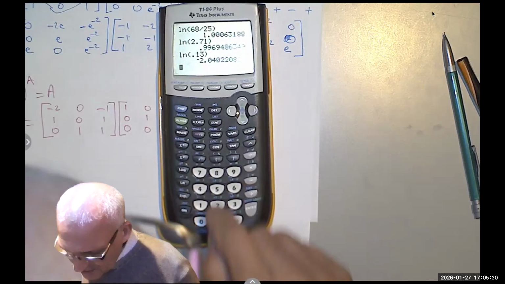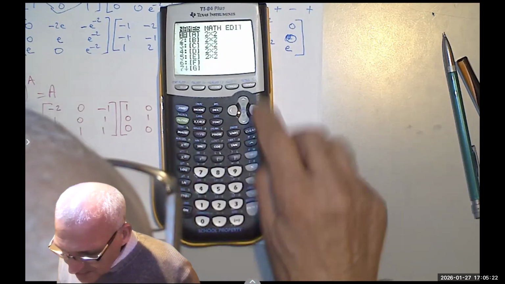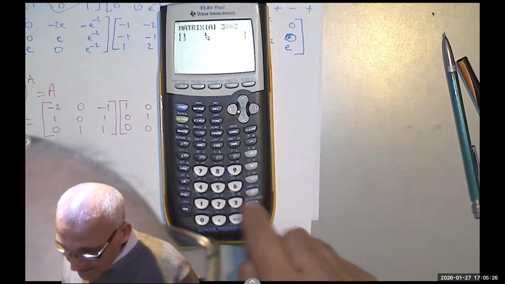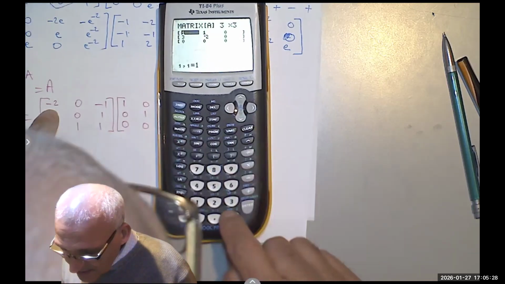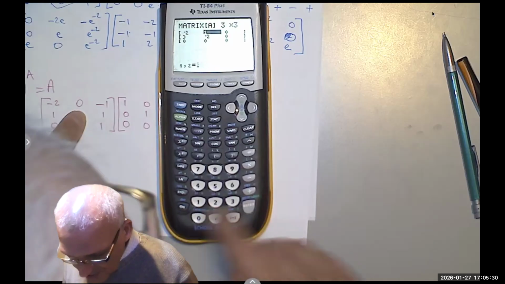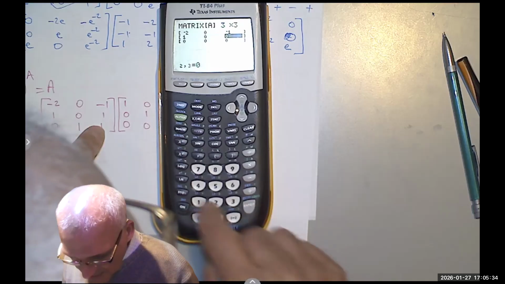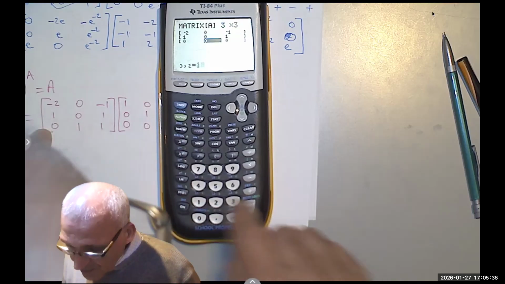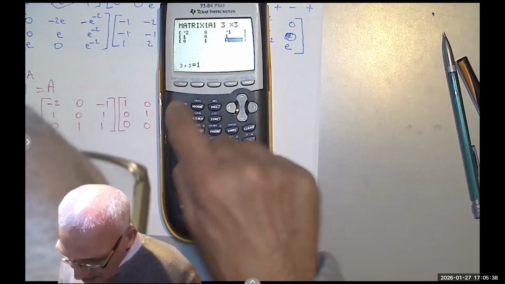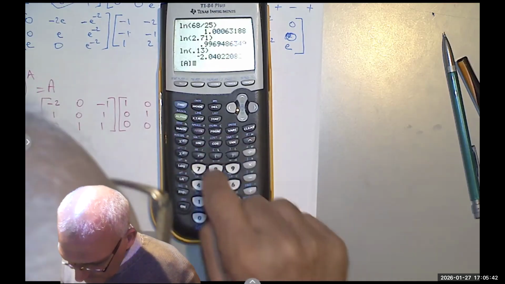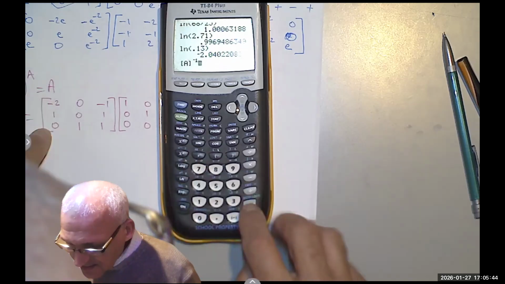So here is my matrix. I'm going to create a 3 by 3 matrix. I'm going to enter negative 2, 0, negative 1, 1, 0, 1, 0, 1, 1. Let's go to matrix A, invert it, much faster.